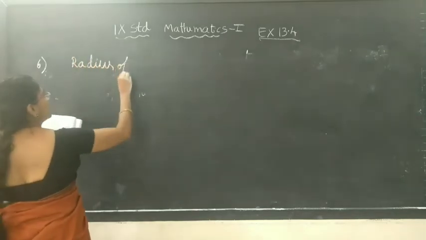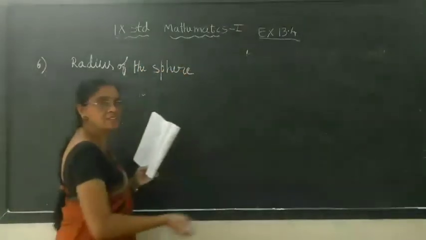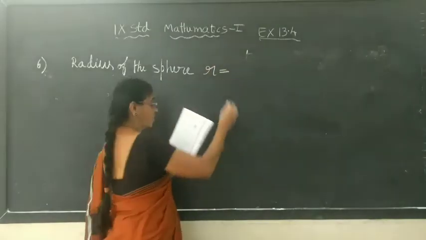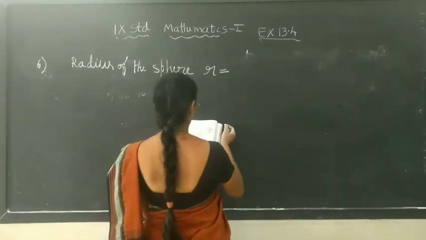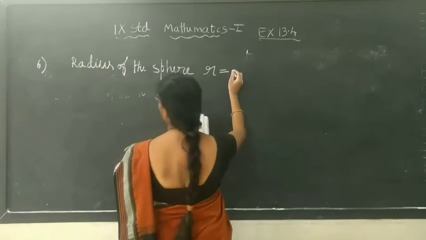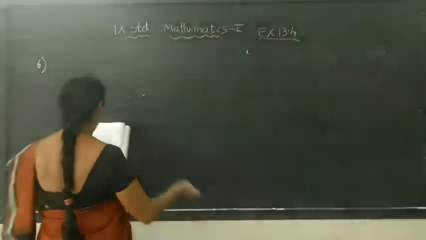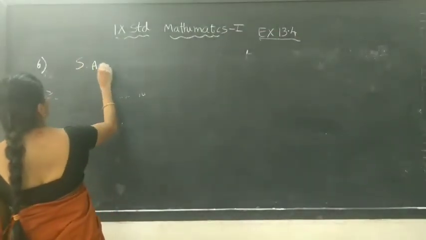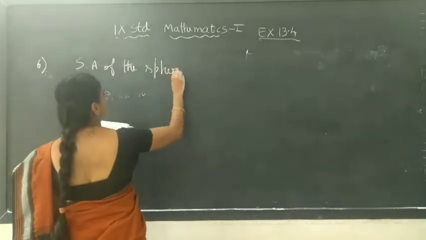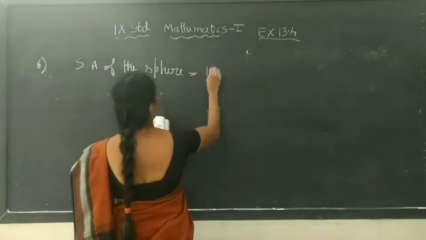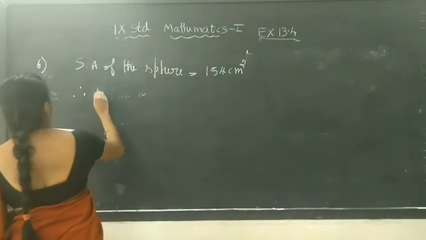We have to find the radius. What is given? Surface area is given. Surface area of the sphere is equal to 154 centimeter square. Therefore, radius of the sphere.